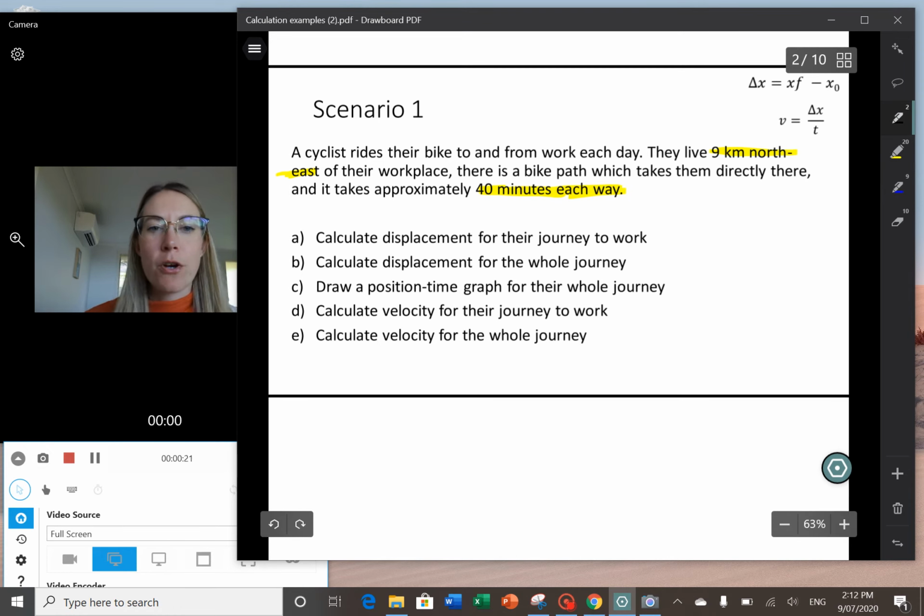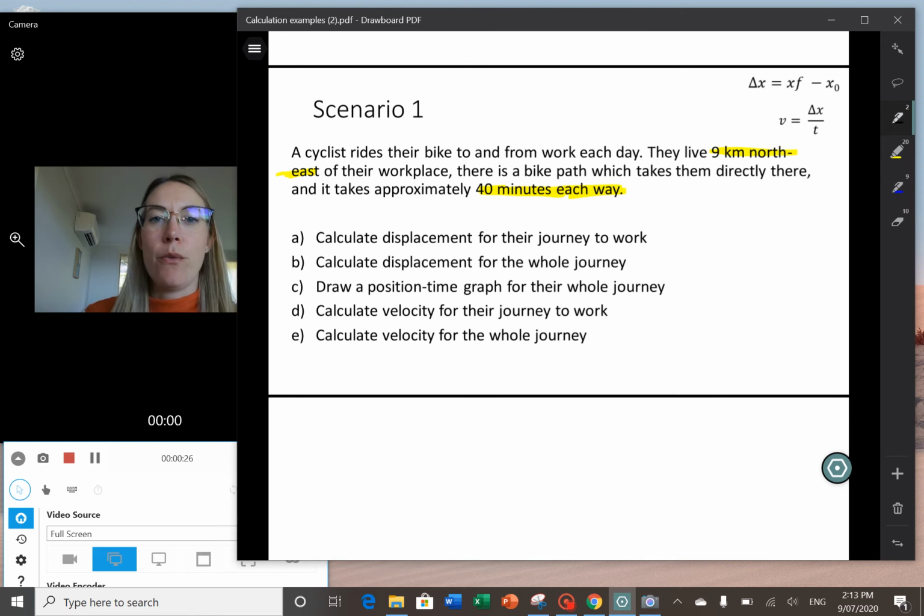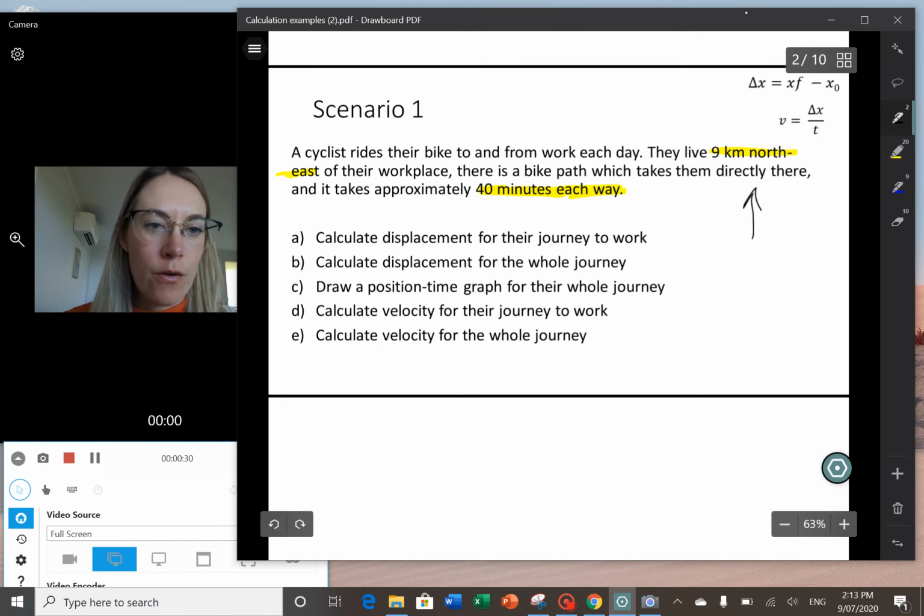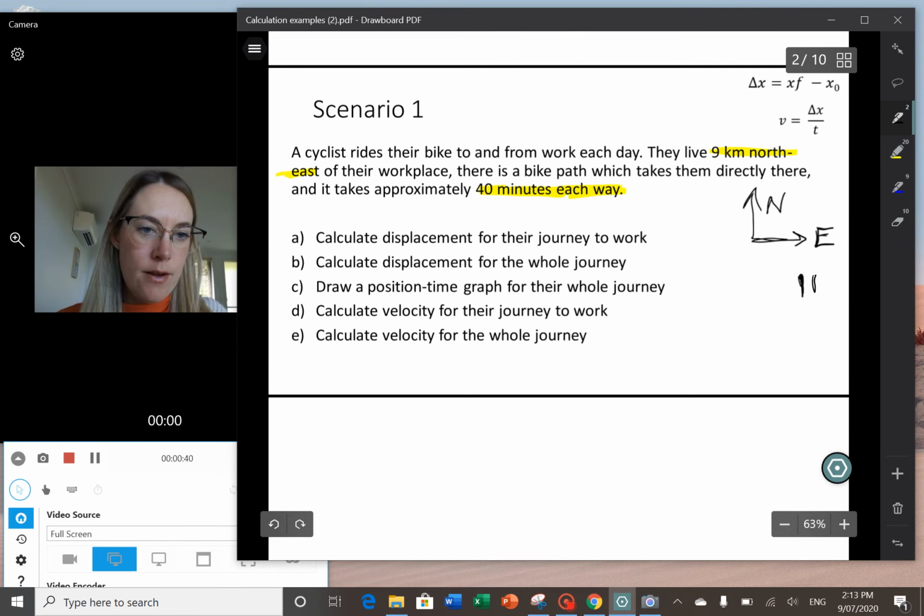The first thing I want to do is draw a diagram that represents the scenario here so that we have a fuller understanding of what's going on. So the cyclist lives 9 kilometres northeast of their workplace. So if their house is here, then their workplace is going to be in a southwest direction.